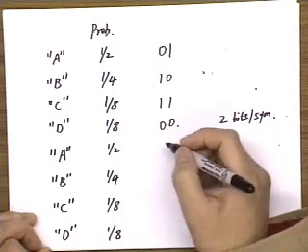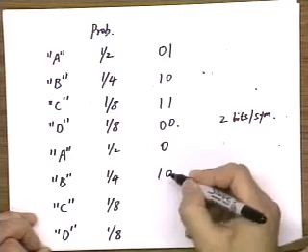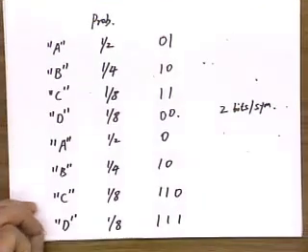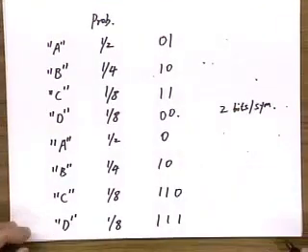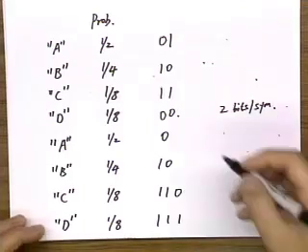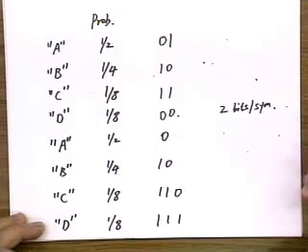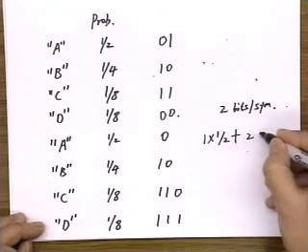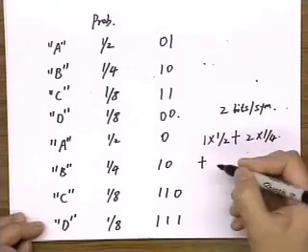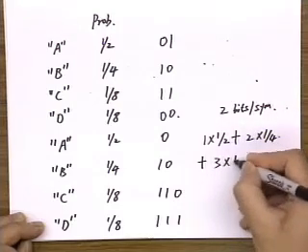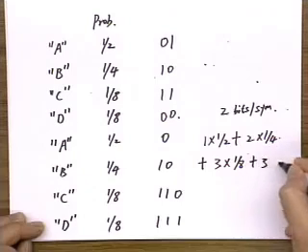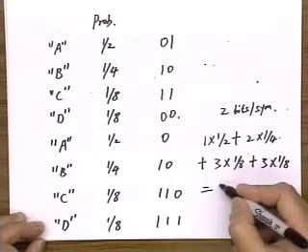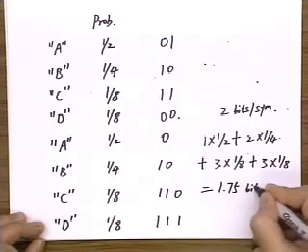We assign A as 0, B as 10, C as 110, and D as 111. We compute the average bits per symbol by computing the expectation, which is 1 times 1/2, plus 2 times 1/4, plus 3 times 1/8, plus 3 times 1/8, which is equal to 1.75 bits per symbol.